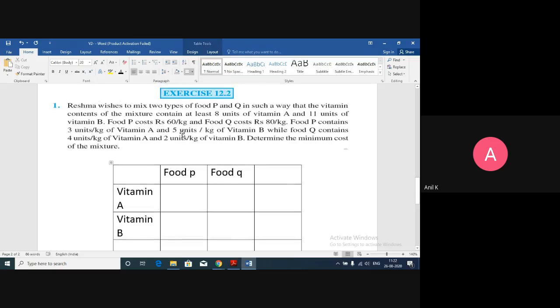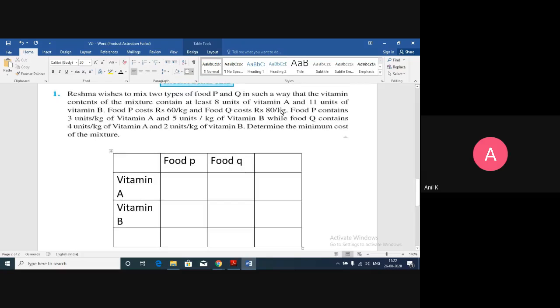Now, what is the quantity of vitamins in food? Food P contains 3 units of vitamin A, so here 3 will come, and 5 units of vitamin B. Food Q contains 4 units of vitamin A, so here 4 will come, and 2 units of vitamin B, here 2 will come. Minimum requirement is 8 units of vitamin A, so here 8 will come, and 11 units of vitamin B, so here 11 will come.